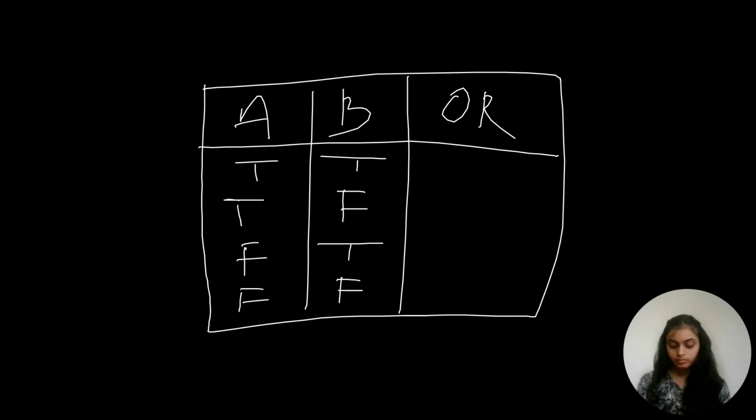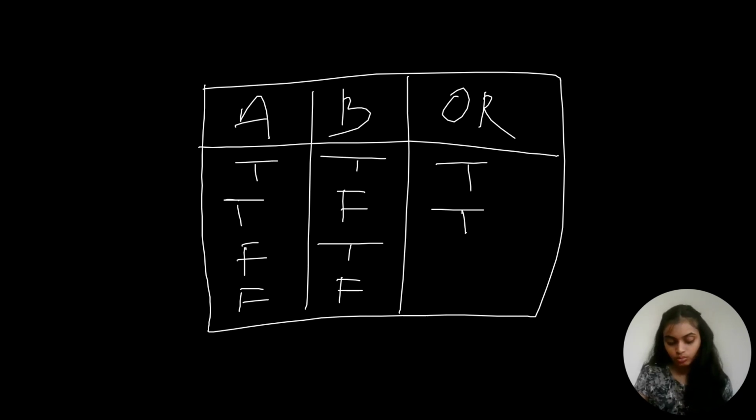When it comes to the OR operator, if either of the operands is true, then the output of the OR operator is true. So here I have true or true, which is true. Then I have true or false. As I said, one of the results is true, so the output of the OR operator is true.